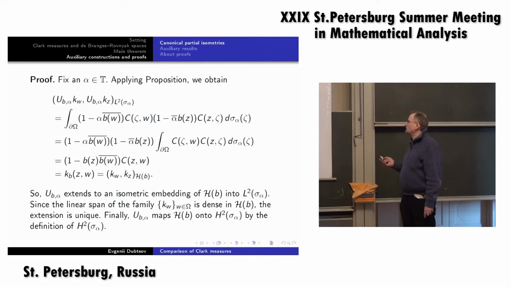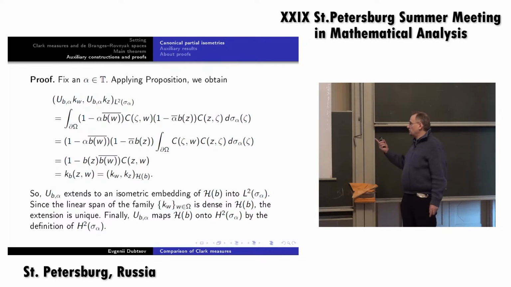So what's next? The main idea is to use the initial proposition. Once we have this, we explicitly compute that the scalar product in L2 of sigma alpha is equal to the corresponding scalar product of the reproducing kernels in the de Branges-Rovnyak space under consideration.